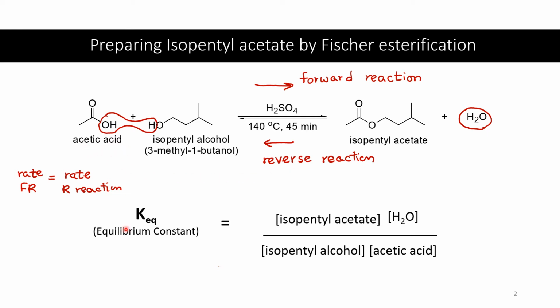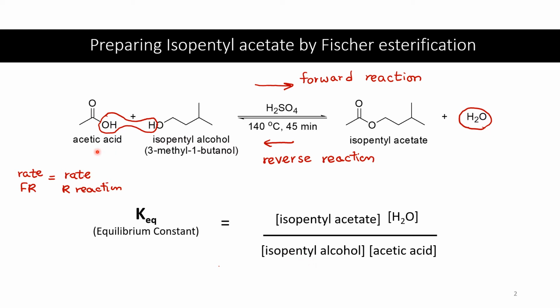These kind of reactions, which can achieve equilibrium, can be explained through an equilibrium constant Keq, which is equal to the product of the concentrations of the product molecules over the product of the concentrations of the reactant molecules.